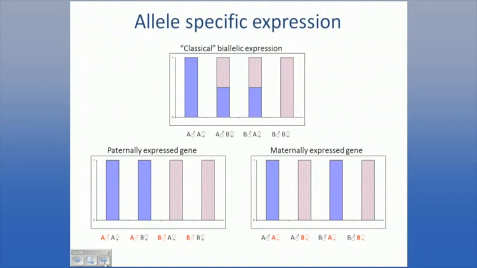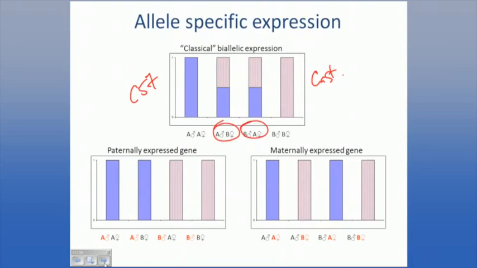So here's a case of looking at allele-specific expression. If you want to think about it in a simple, straightforward fashion, in this case, we're going to set up two reciprocal crosses. We're going to have one strain of mouse, for example, a C57 black 6 strain in blue, or an outbred strain, Castaneous strain, here in red. And for a gene that has classical biallelic expression, you expect that each allele is going to be equivalently expressed when you cross these two animals.